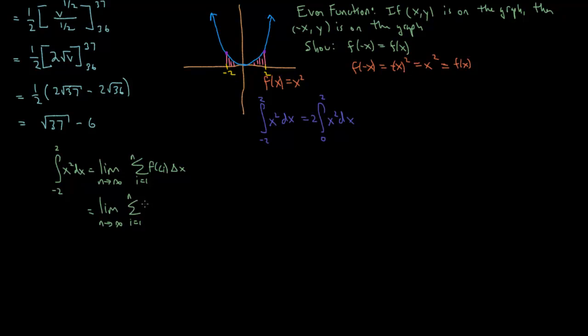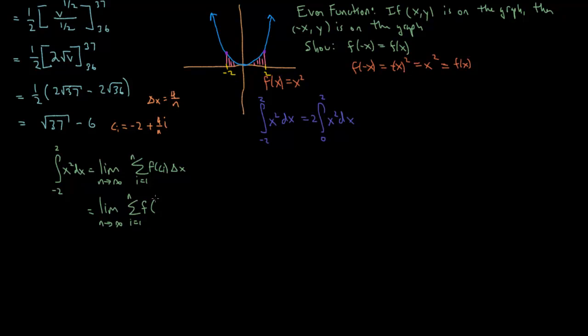Now, what are our endpoints? Well, recall that for right-hand endpoints, the c sub i are a, which is negative 2 in this case, plus delta x times i. Now delta x is the width of the interval divided by n. The width of the interval is 4, so delta x equals 4 over n.